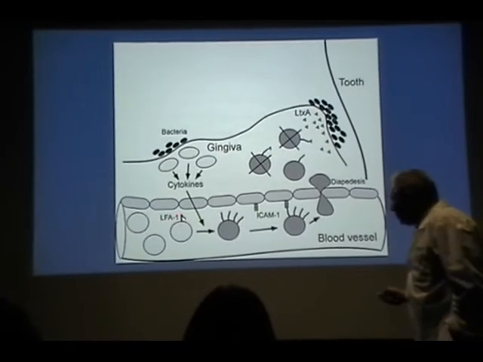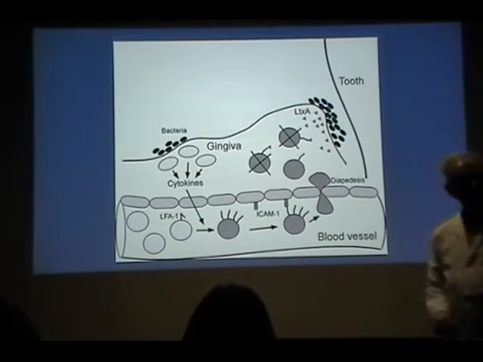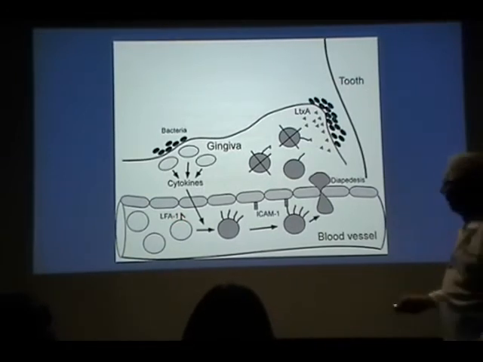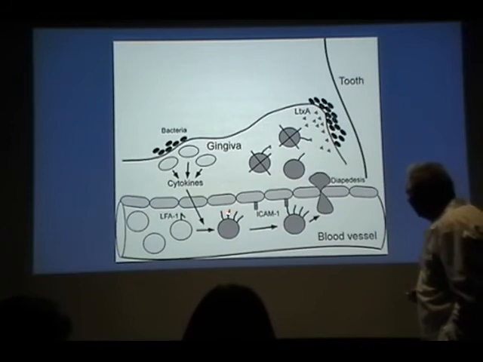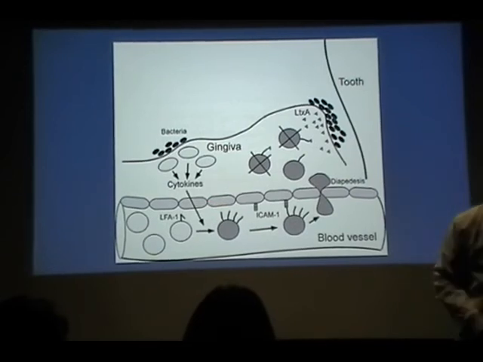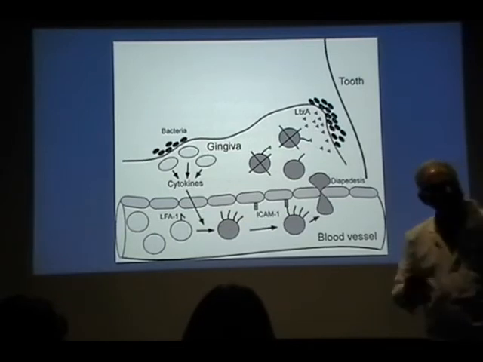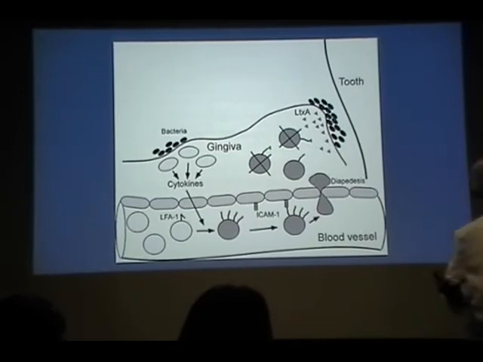So there are receptors that we'll talk about tomorrow that are on these white blood cells. Okay? And they will bind to things on the surface of the endothelial cell. These things are called selectin molecules. Did Dr. Levine tell you about selectin molecules?